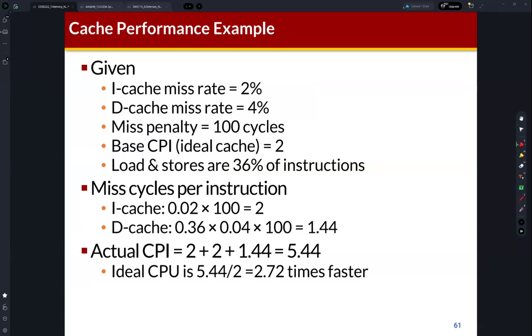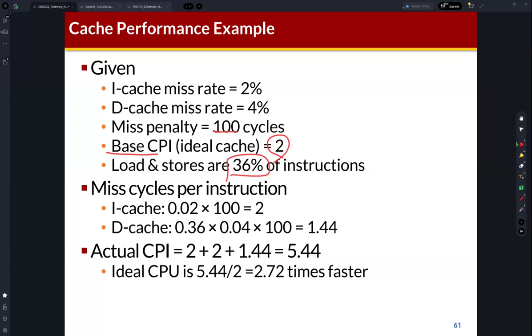The instruction cache miss rate is 2%, the data cache miss rate is 4%, and the miss penalty is 100 cycles. The base CPI is 2, which means this is with the ideal cache. So with the ideal cache, the base CPI is 2. Then load and store instructions occupy 36% of instructions.